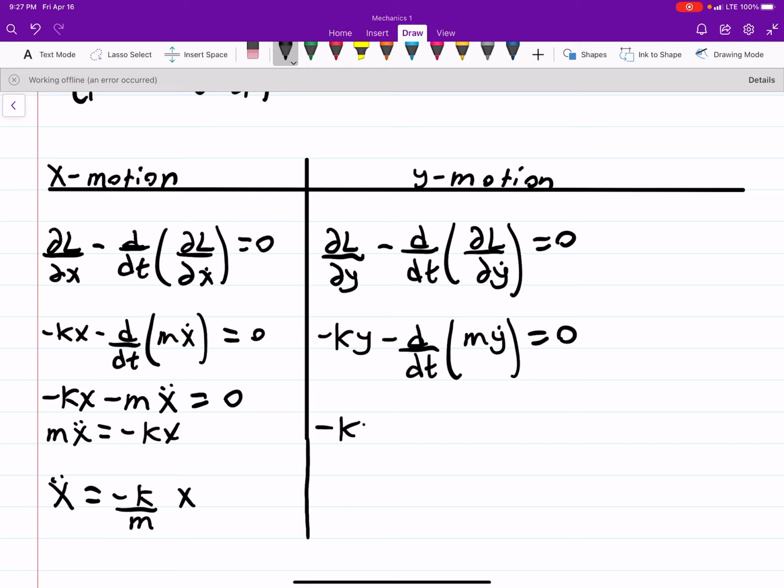So minus ky, just skipping ahead here, m y double dot equals negative ky. Y double dot is negative k over m times y. Okay. And that's all we have to do for this problem.